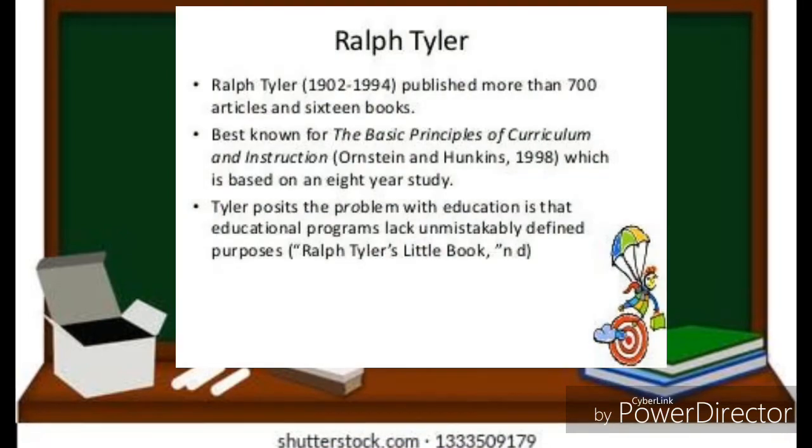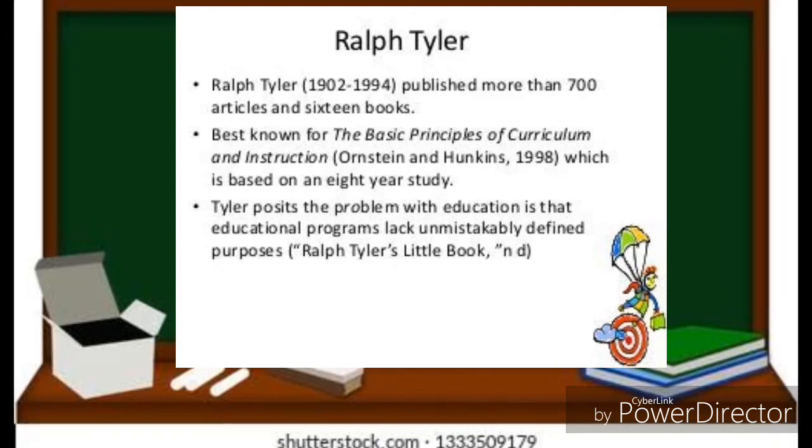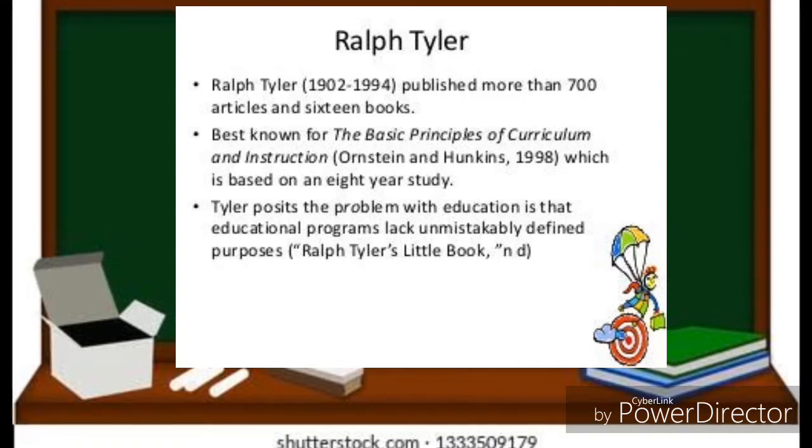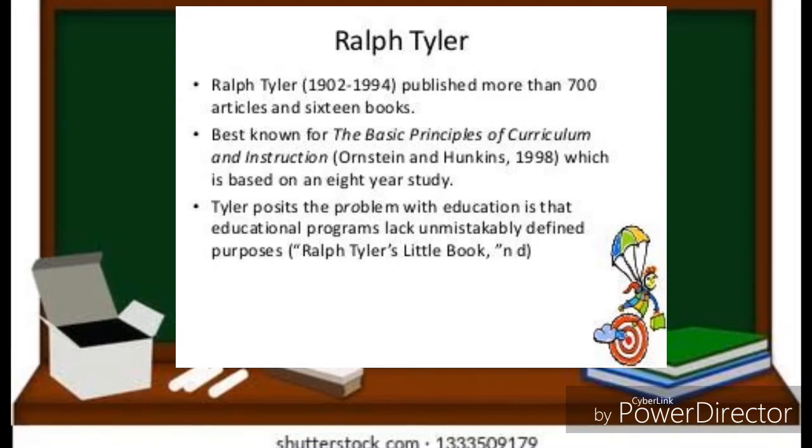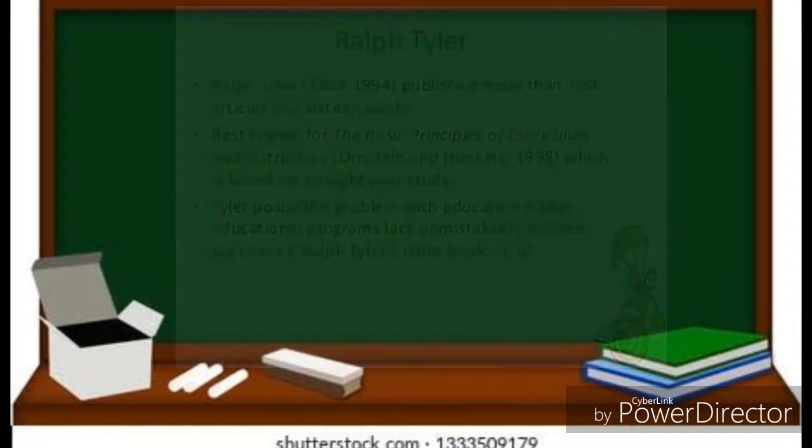Ralph Tyler published more than 700 articles and 16 books, best known for Basic Principles of Curriculum and Instruction, which is based on the 8-year study. Tyler posits the problem with education is that educational programs lack unmistakably defined purposes.